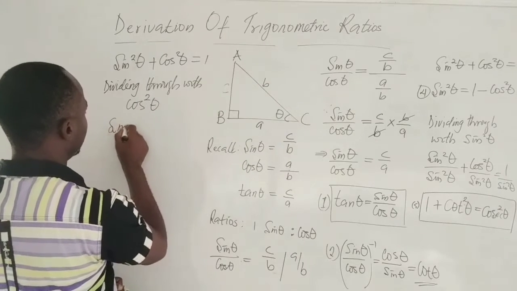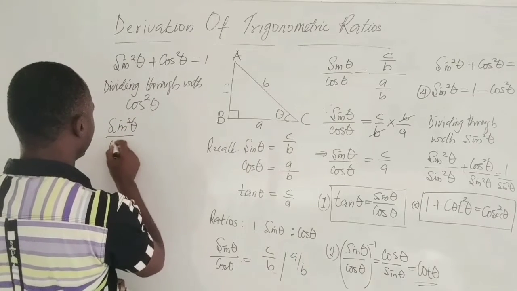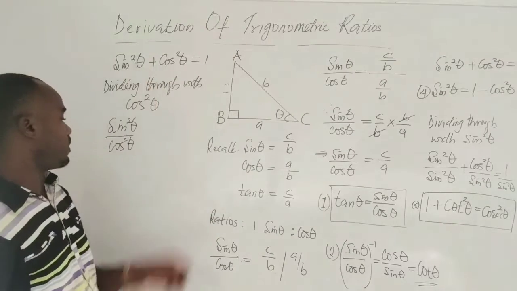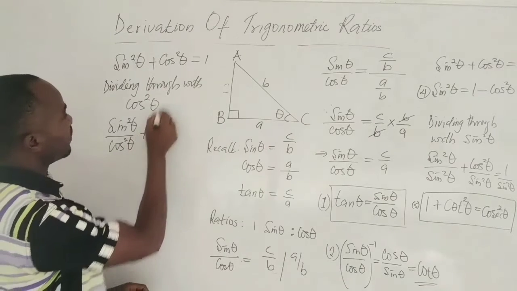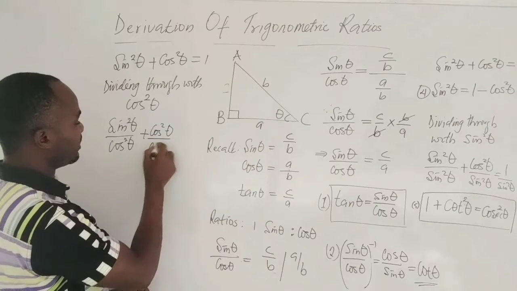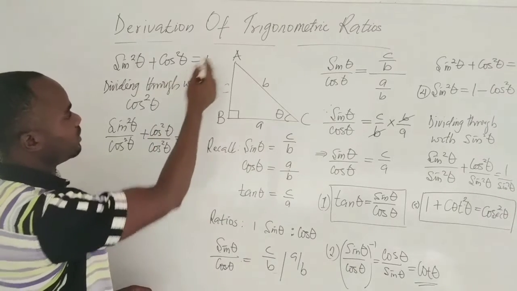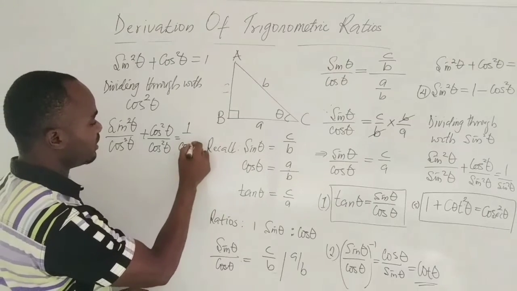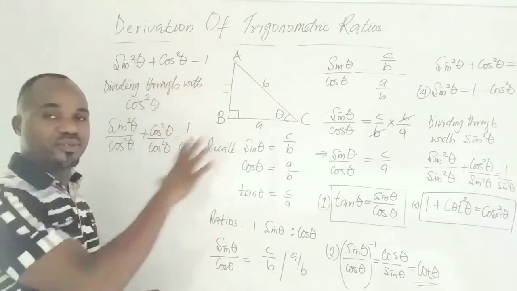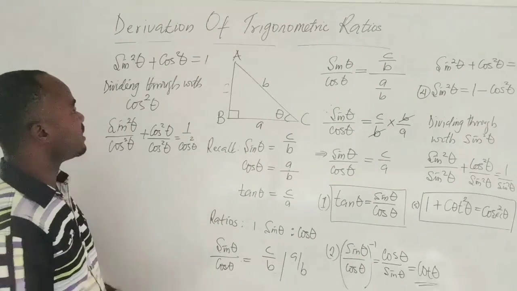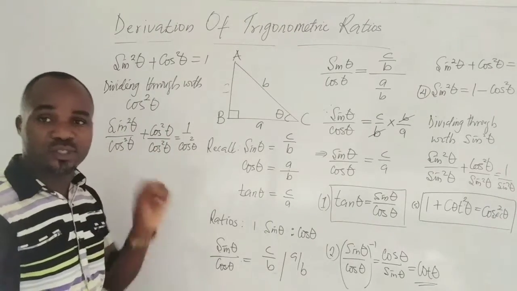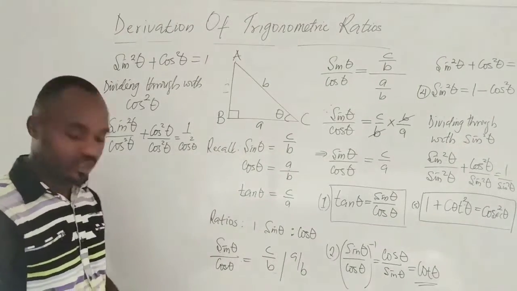So we have sine theta squared over cosine theta squared for the first one. Then the next one is cosine theta squared all over cosine theta squared. Then 1 all over cosine theta squared. We have succeeded in dividing through with cosine theta squared. So let's see what the result will be.